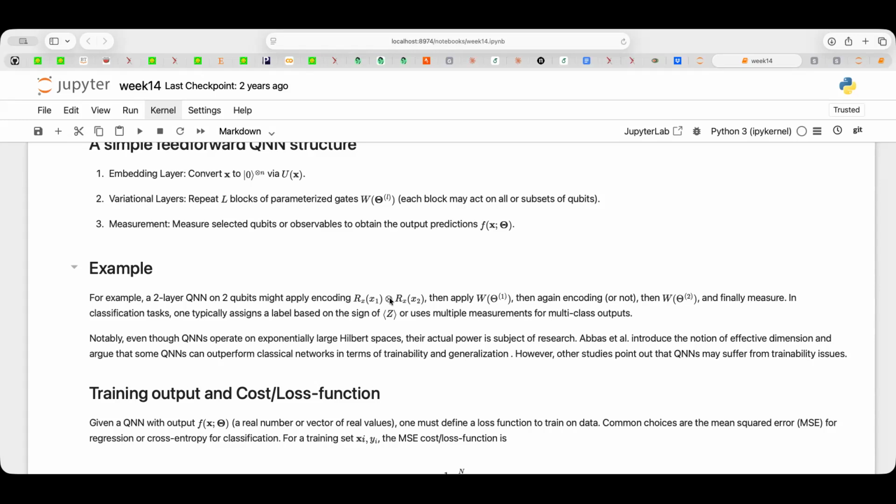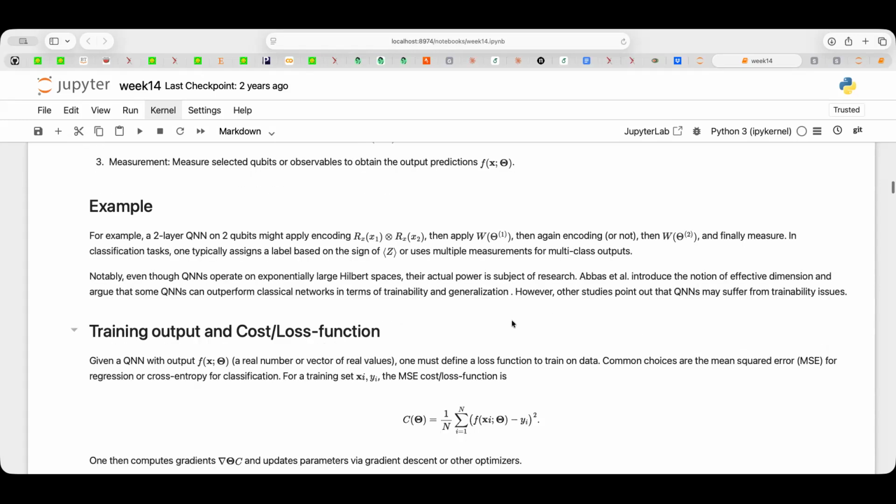And we are going to look, as I said, in more detail next week on how we do that. Then you apply different rotations with the angles, with CNOT gates. And then again, you encode or not. And finally, you measure. In classification tasks, you typically assign a label based on the sign of Z, or use multiple measurements for multi-class outputs.